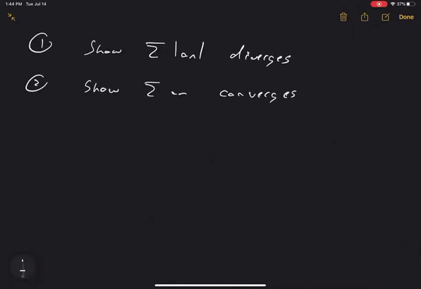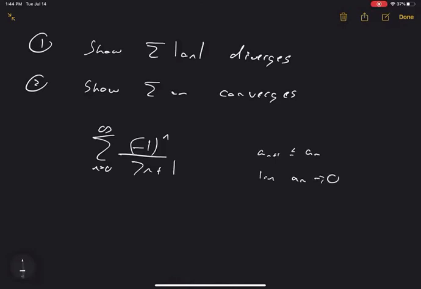Okay. So let's do number 2 first. Look at my original series. Remember I said when we started this, it's an alternating series, right? Because of that (-1)^n. So let's try the alternating series test. Okay, so what are my conditions? I need a_{n+1} less than or equal to a_n, and I need the limit of a_n to go to 0, right?